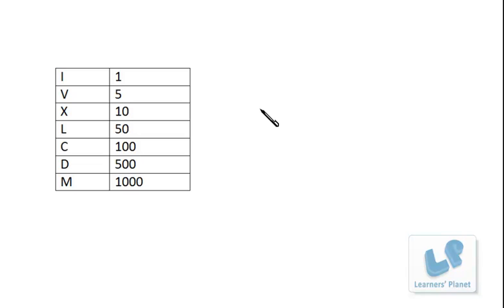Now let's write 55. So that is very simple. 50 plus 5. What is 50? It's L, and what is 5? It's V. So it's LV. Now 56. It's very simple once again. 50 plus 5 plus 1. 50 is L, 5 is V, and 1 is I. Okay.